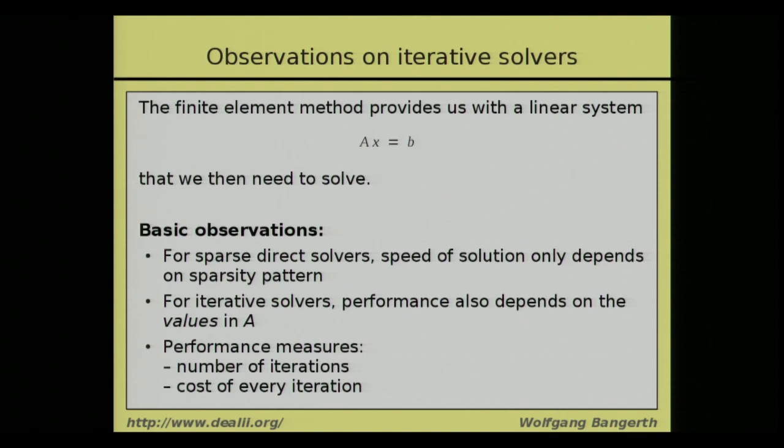For iterative solvers, it is not just the sparsity pattern that determines the speed of solution, but it is actually also the values in A. So the sparse direct solver does not really care what you multiply with or what you divide by. So the direct solvers only need to know where is there an entry that I need to multiply with in the sparsity pattern, and then they do it.